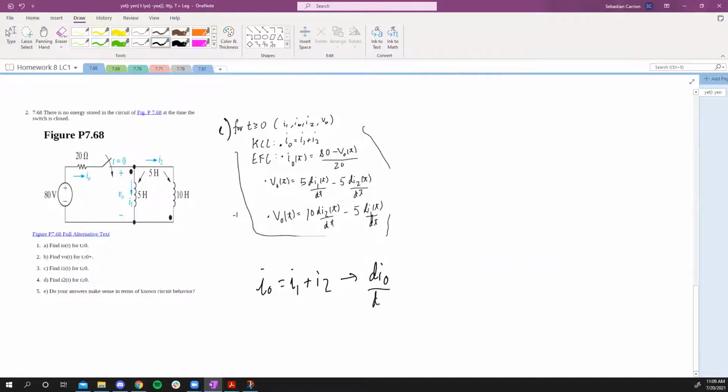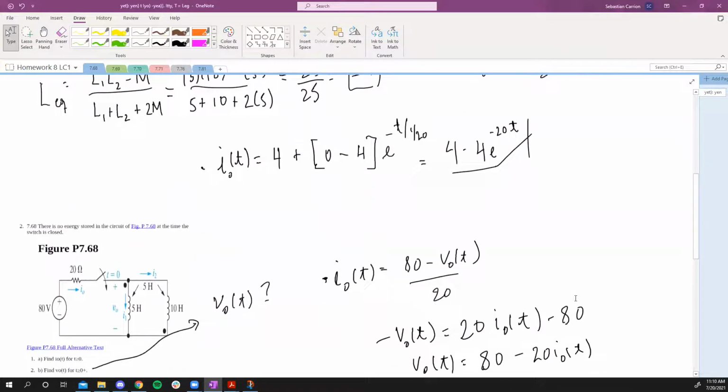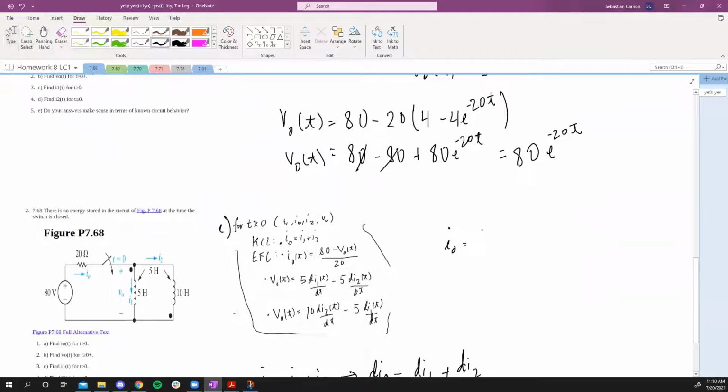If we take the derivative, di naught/dt equals di1/dt plus di2/dt. We know that i naught is equal to 4 minus 4e to the negative 20t, and di naught/dt is equal to 80e to the negative 20t.